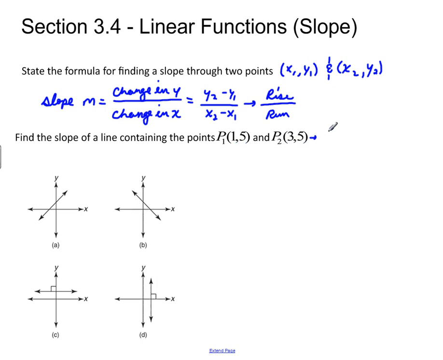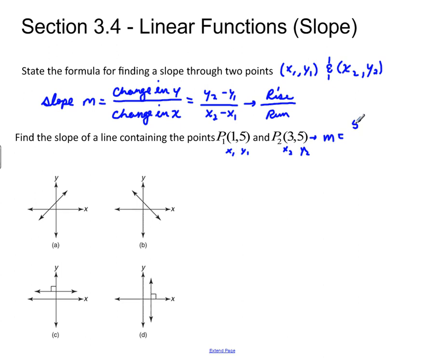Well, all right. We'll call this point 1. So here's x1 equals 1. y1 is equal to 5. Since this is point 2, this will be the point x2. This will be the point y2. So our subtraction here is going to go like this.